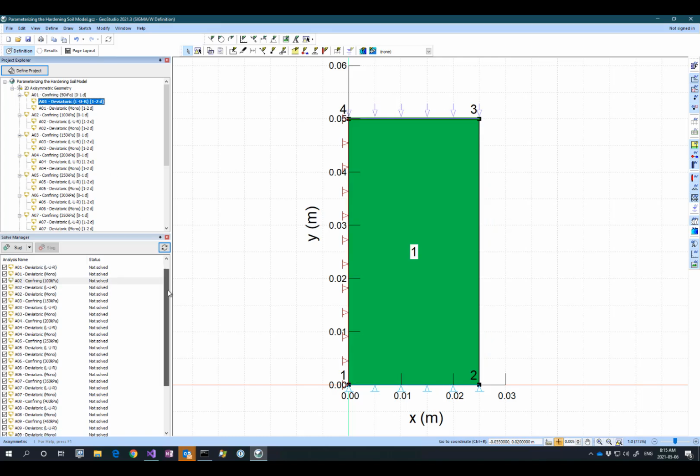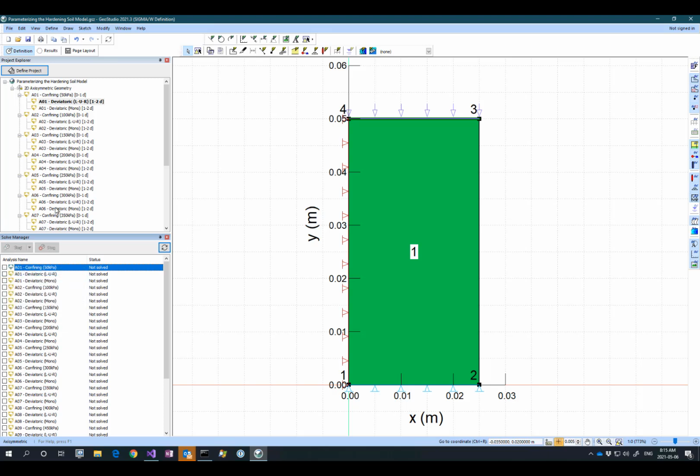The other point I'll make is that when you deal with large project files containing multiple analyses, there are right-click options in the Solve Manager to uncheck all, to check children, which picks a single branch, that's the A01 branch, and then there are a couple other options.